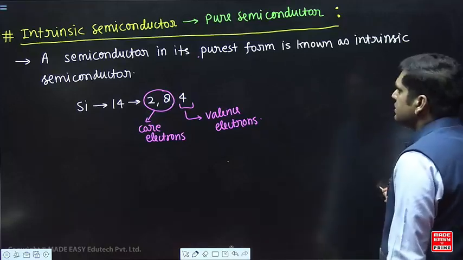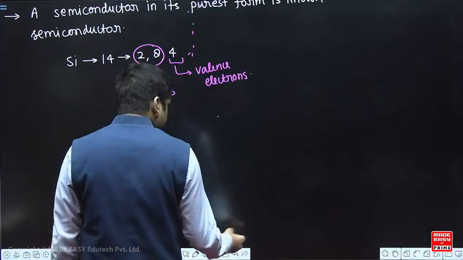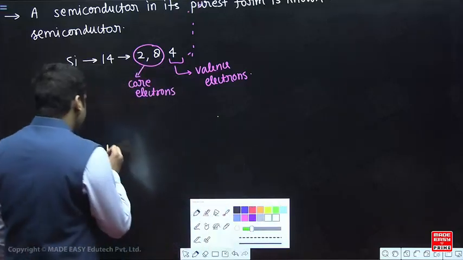So we would be talking everything with respect to the valence electron. When a silicon semiconductor, a solid, is formed, a large number of silicon atoms will be coming closer to make the solid.